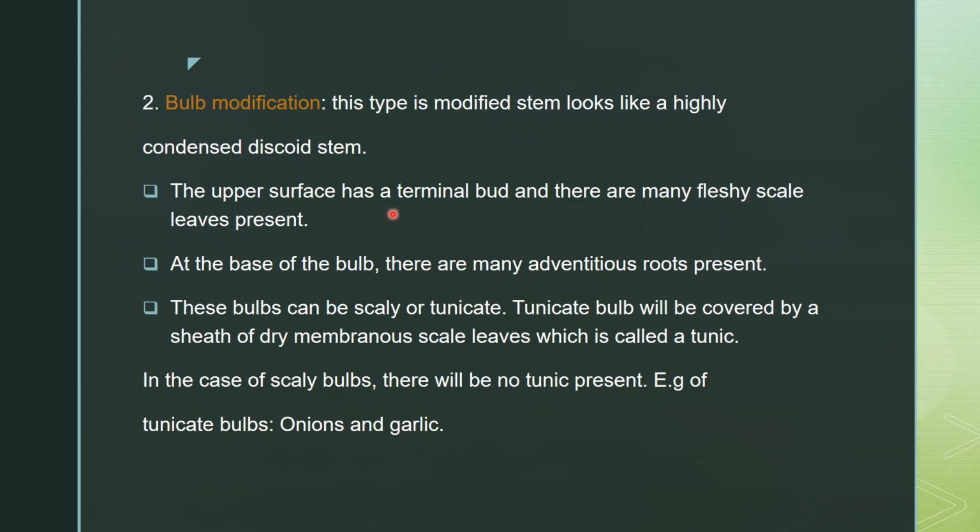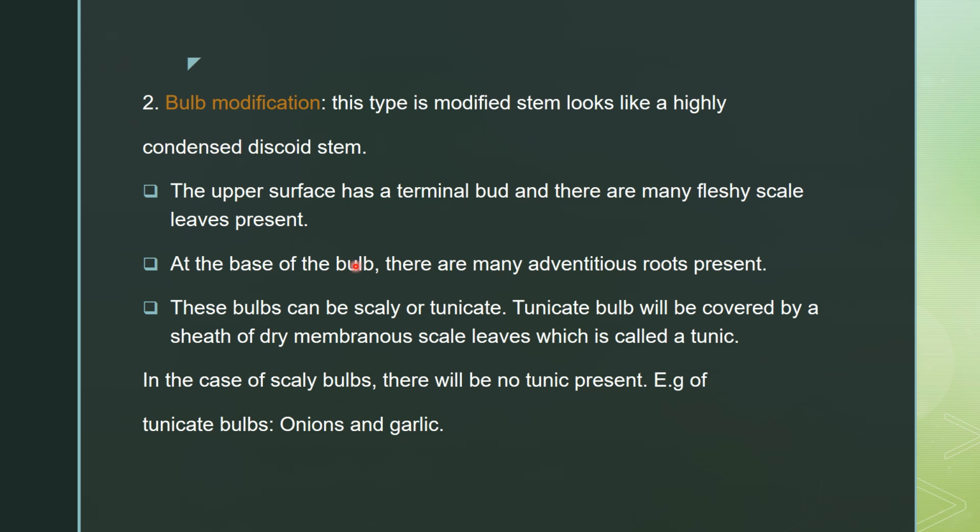Oh no, I'm sorry, I confused this. The upper surface has a terminal bud, and there are many fleshy scale leaves present. These fleshy scale leaves arrange around the axillary bud, not around the terminal bud. The terminal bud is located at the upper surface of the bulb.